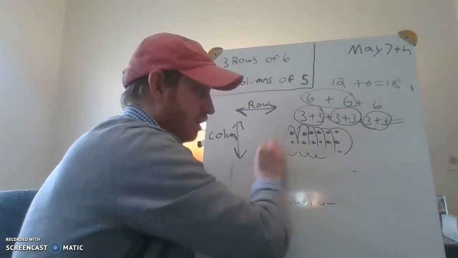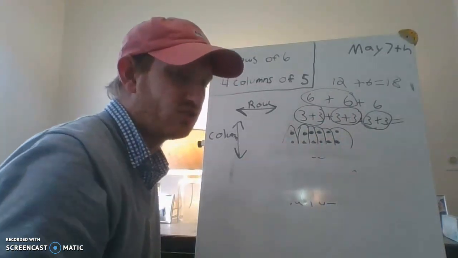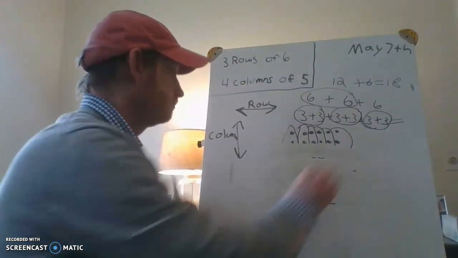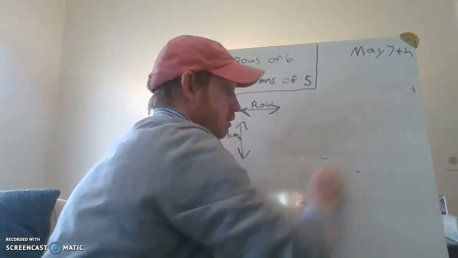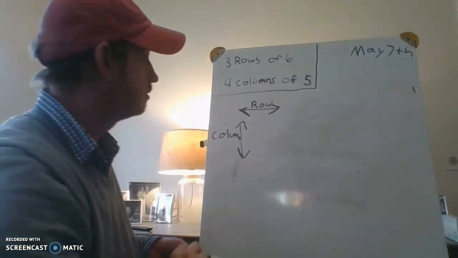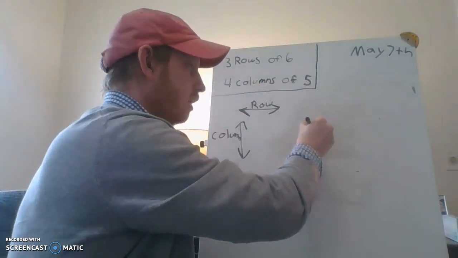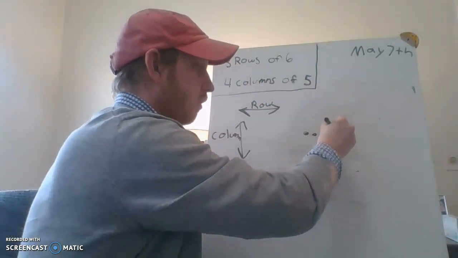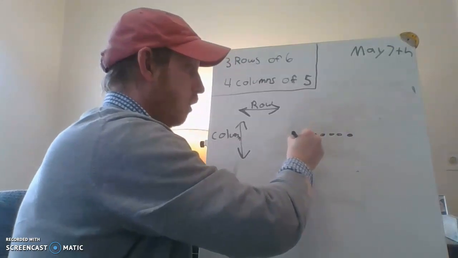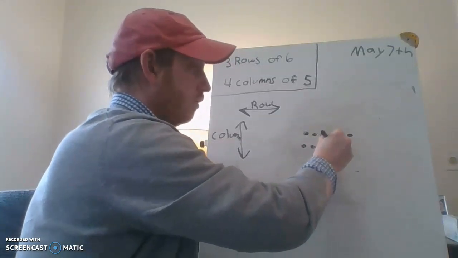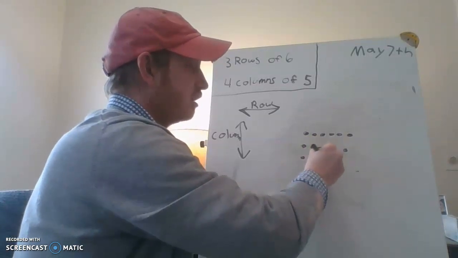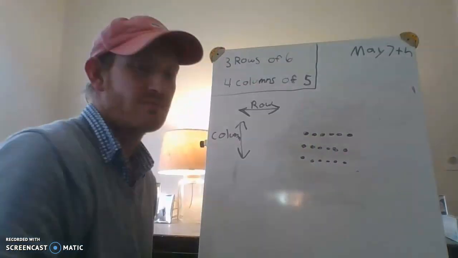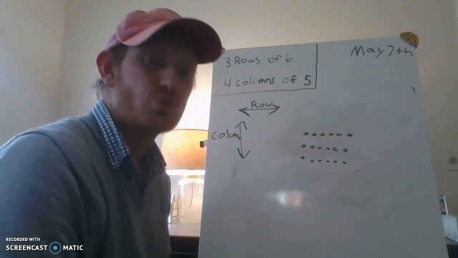I'm going to draw it again really quickly so that it's clear and right in front of us. We have our array. Both repeated additions worked.